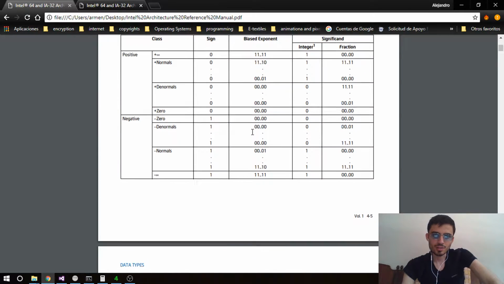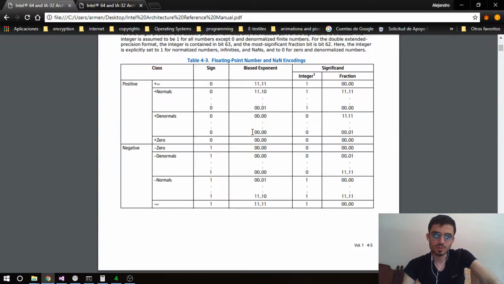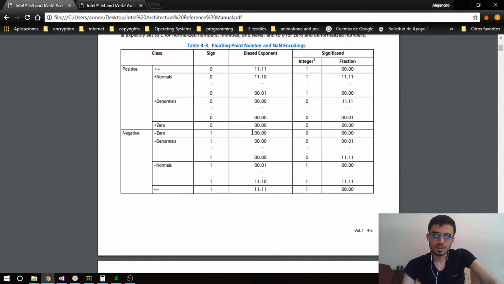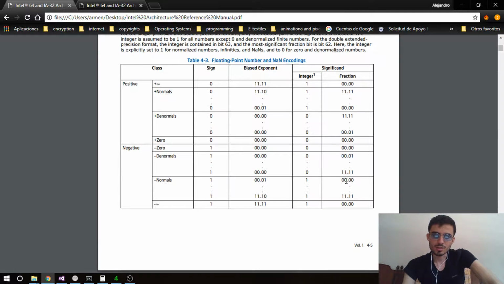The normals have a biased exponent, and the exponent for normals goes from 1 to the maximum number minus 1. The integer is implied to be 1 as well, and the fraction goes from 0 to 1, the same as well.